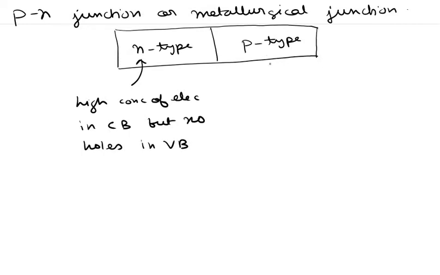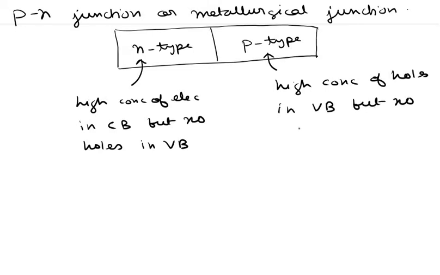On the other hand, in the p-type material, there is a high concentration of holes in the valence band, but no electrons in the conduction band.